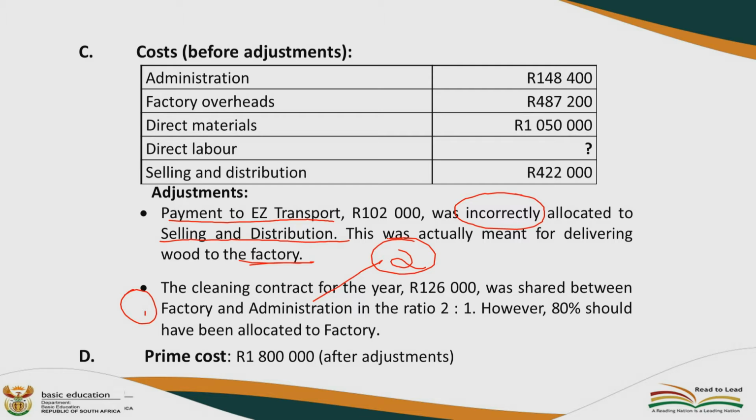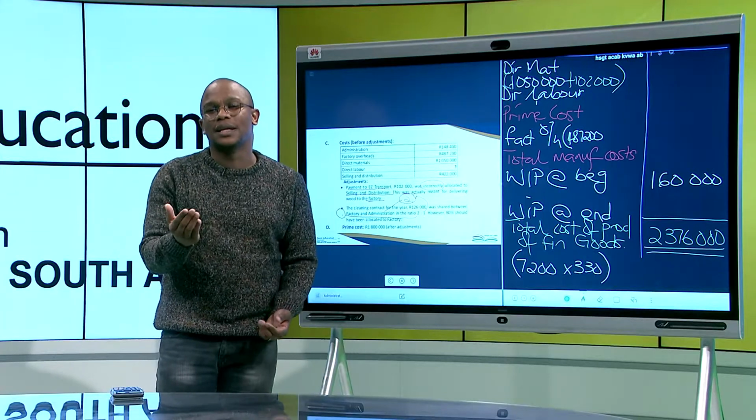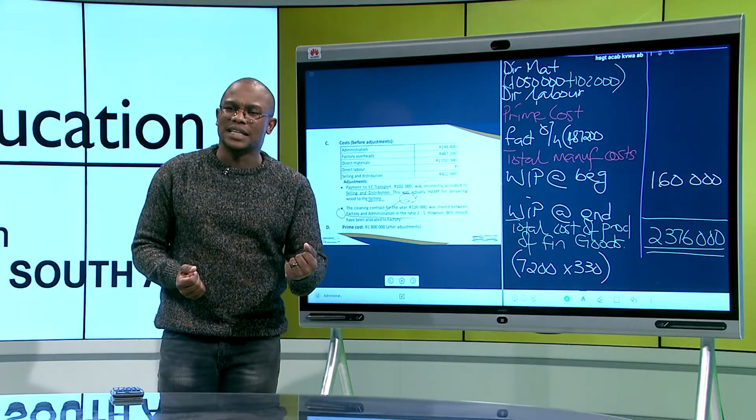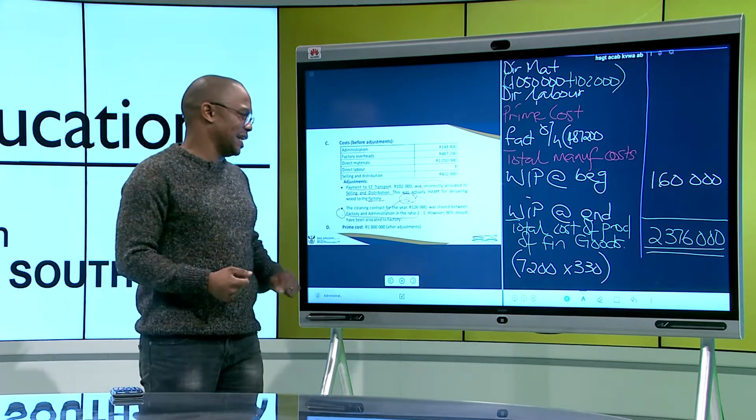It means these two represent the factory, whereas this one represents the administration. So you check the order of how the transaction was stipulated. They said factory and administration, then 2:1, meaning 2 is your factory, and 1 is your administration. So let's rectify this.